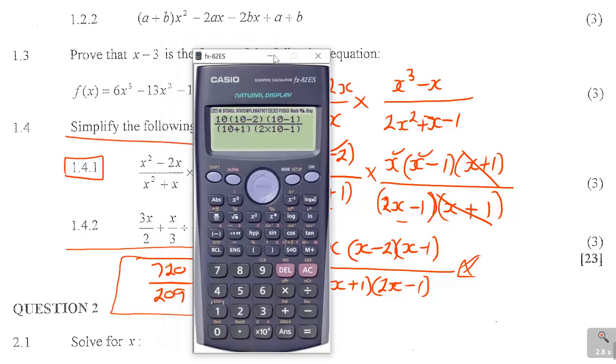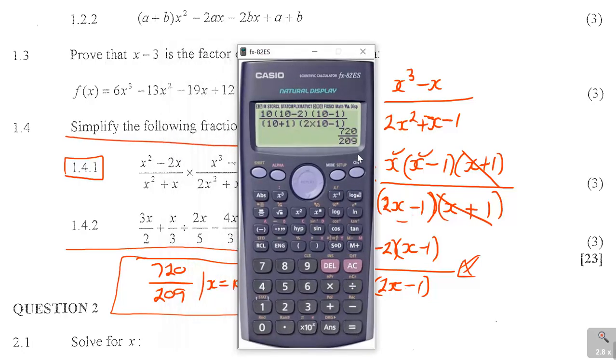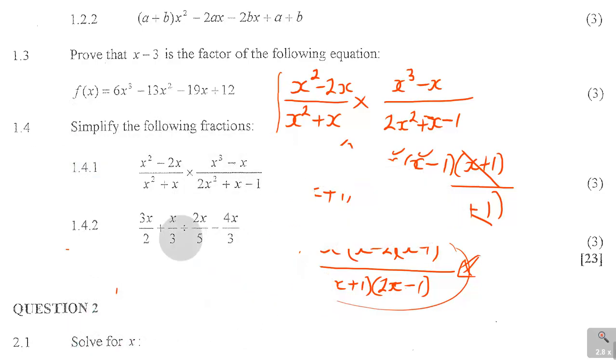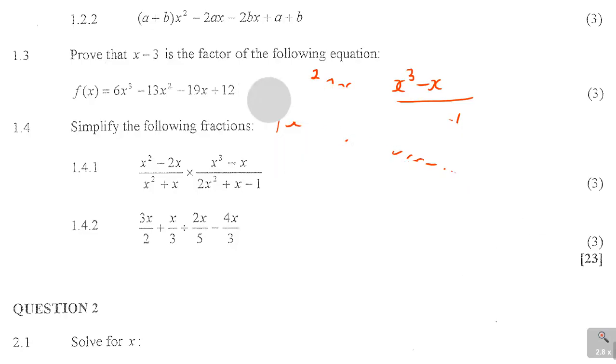So I must get 720 over 209. You can see that it's giving me that. So this is actually the answer, and when it matches like that, it means you have simplified it up to the end. There is nothing we can do at this stage. That is the final answer. It wasn't much satisfying. You'll think that maybe you're missing out something, but well, that's it. You leave it like that and you get that as the final answer.